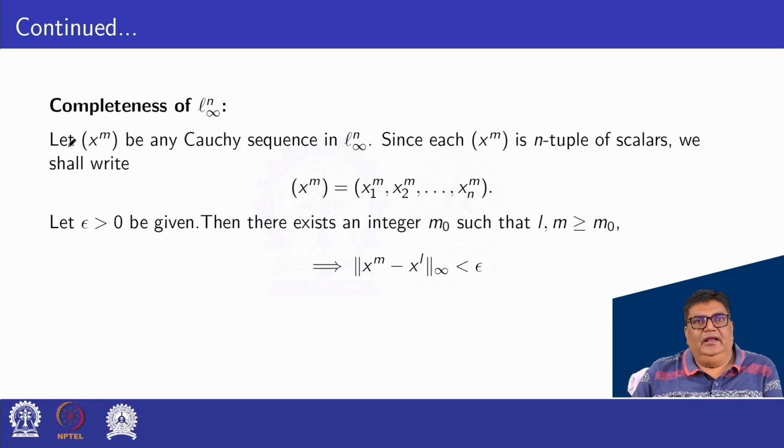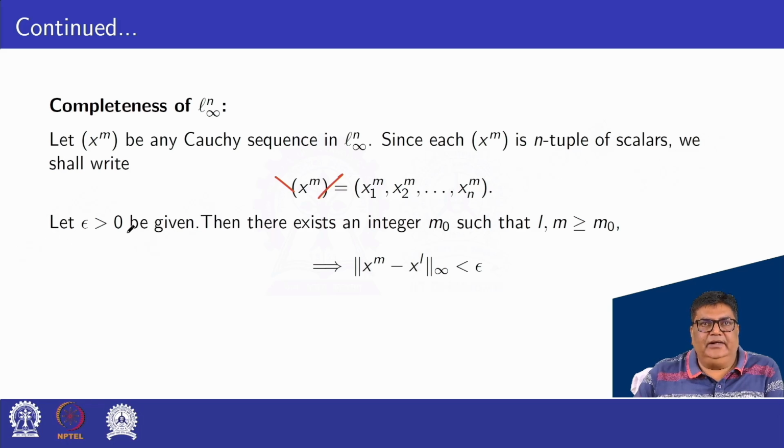Completeness. Let Xm be a Cauchy sequence in L infinity n. Since each Xm is an n-tuple of scalars, we shall write Xm equal to (Xm1, Xm2 and so on Xmn).